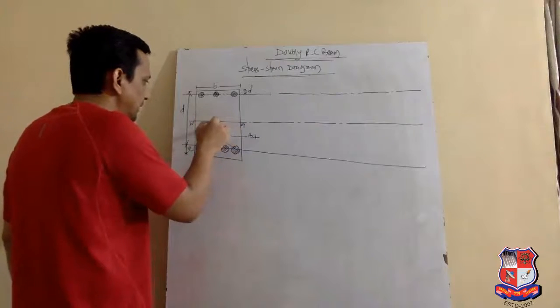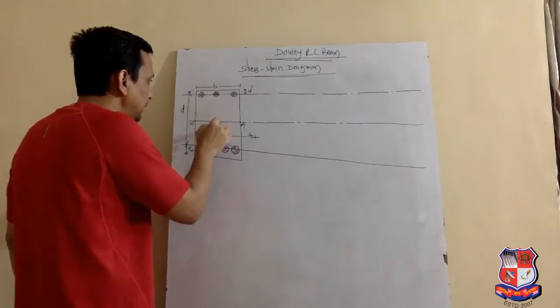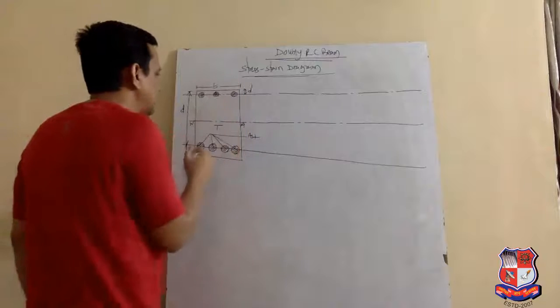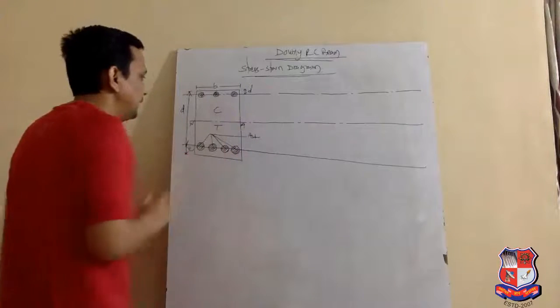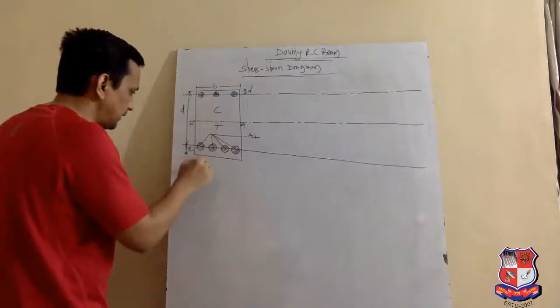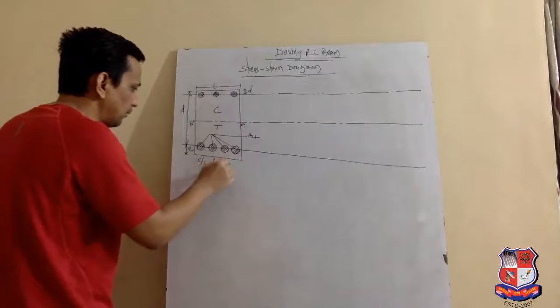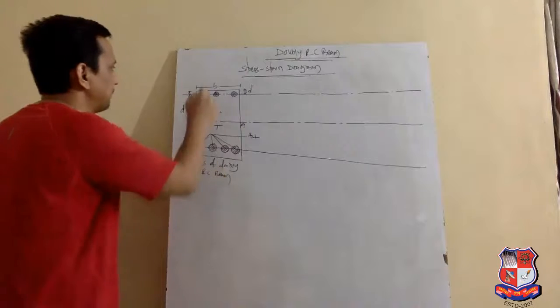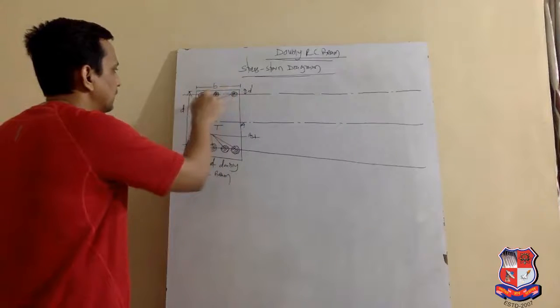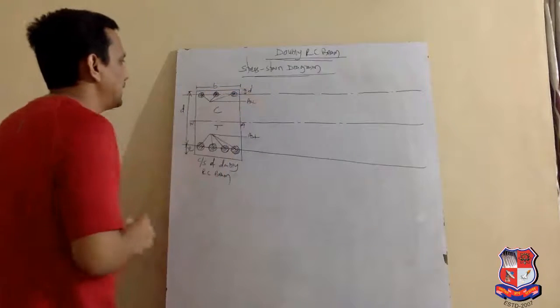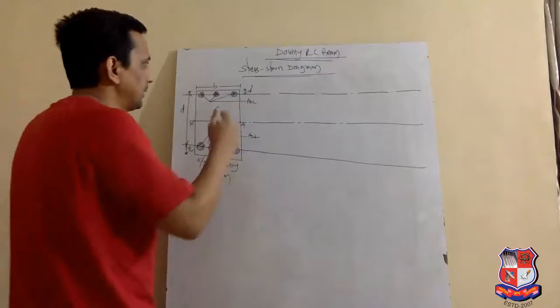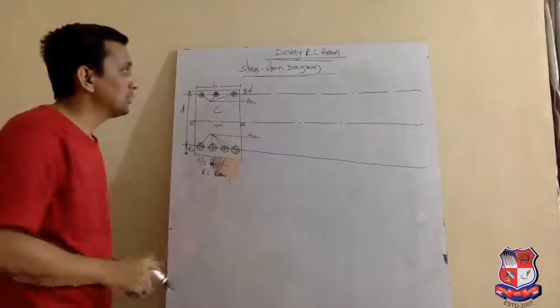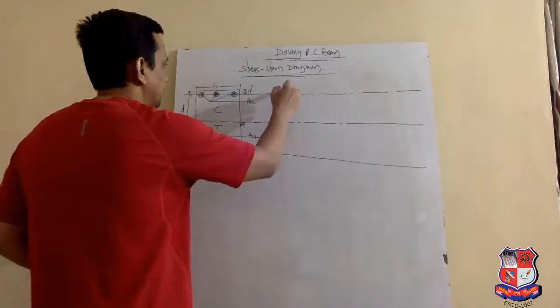Below the neutral axis, the zone will be in tension, and the upper side of the neutral axis will be in compression. This is the cross section of the WRC beam, and this is ASC. Now let's first draw the strain diagram of the WRC beam.